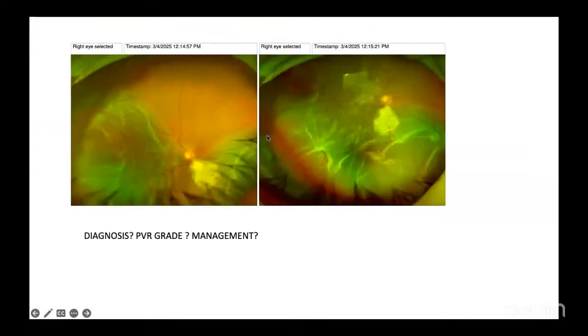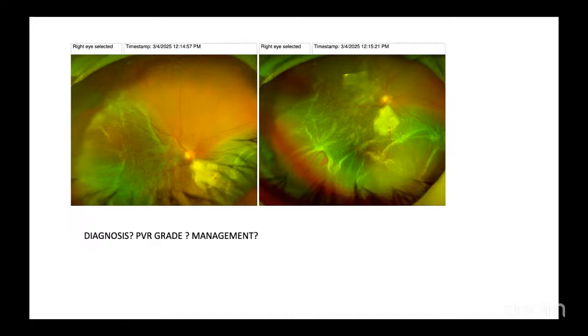And this is an inferior retinal detachment with star-like folds. Can you identify the star-like folds in the right picture, just above the horseshoe tear? The retina has developed star-like contractions.